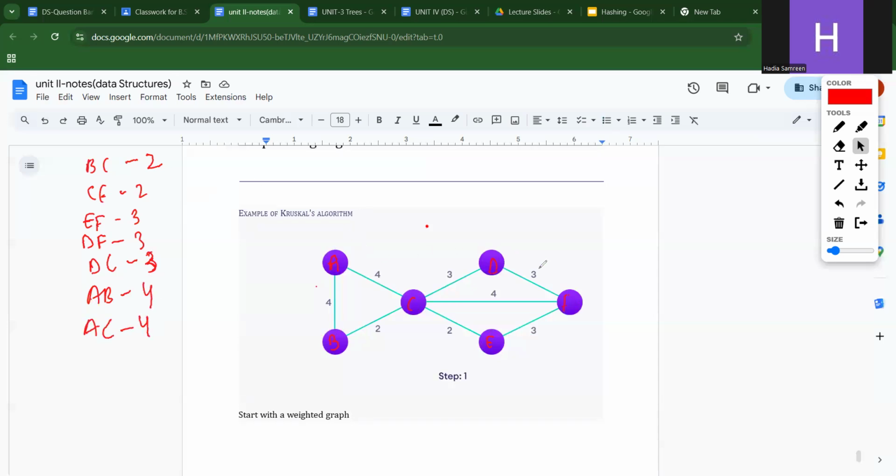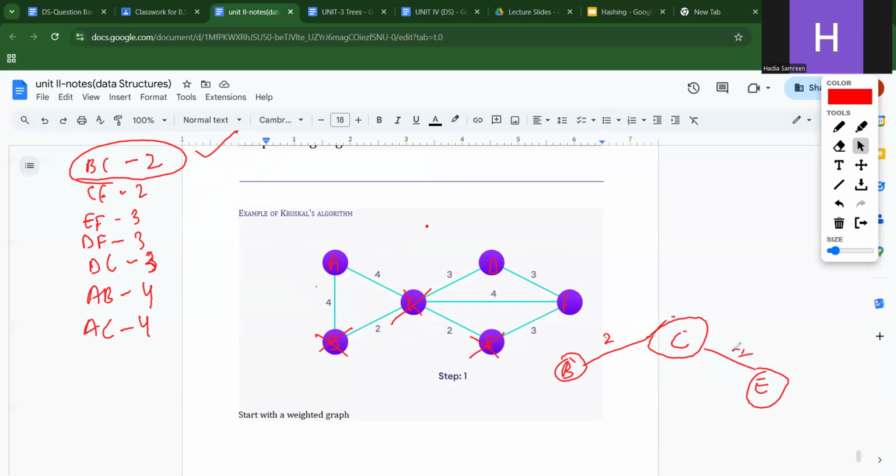Now we will start. Let's suppose we start from BC. B to C cost is 2. This is done. Now can we use this CE? Yes. B is visited, C is visited. Now we will visit E also. Its cost is 2. It is also done.